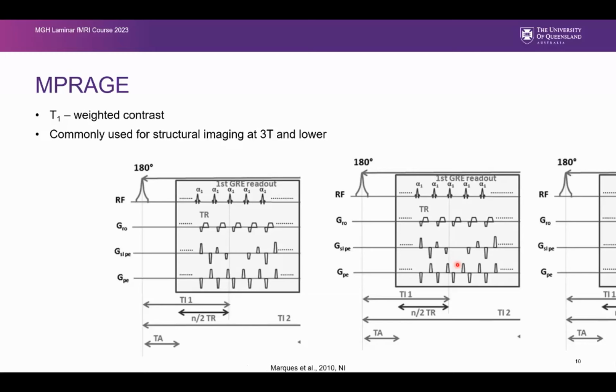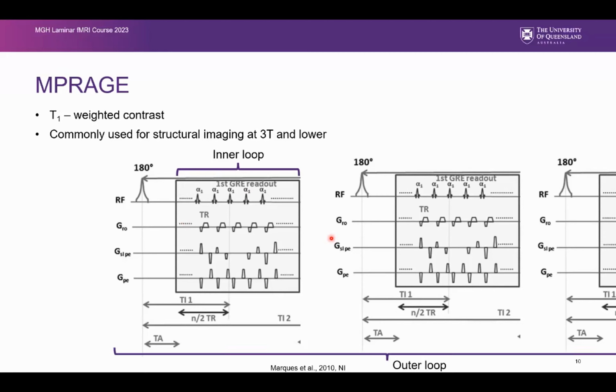If we zoom into the sequence diagram, we can see the magnetization preparation is a 180-degree pulse. Then we wait a little bit to let the magnetization recover, and then we have our gradient echo readout. This is basically the inner loop, and we repeat this until we have filled all of our 3D k-space. So this is also a 3D sequence.